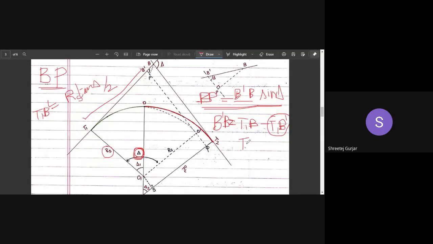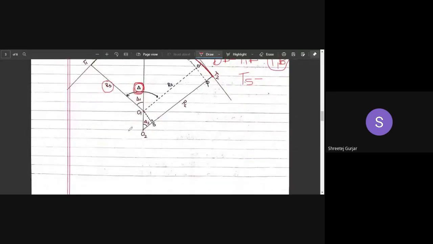T1B, I have told you, it is nothing but TS, minus RS tan delta by 2. I'll write over here. So this is how we can write the equation for B dash B. We can write for BP in terms of all the tangent lengths. Now let me write BP is equal to, as I've told you, TS minus RS tan delta by 2.